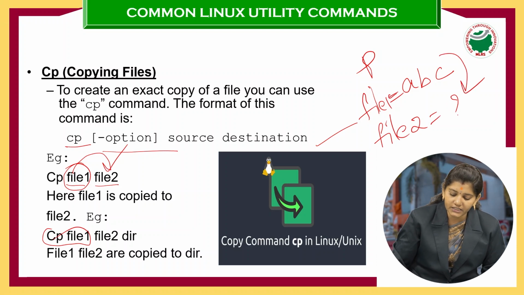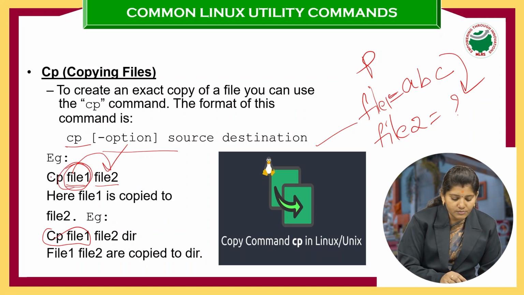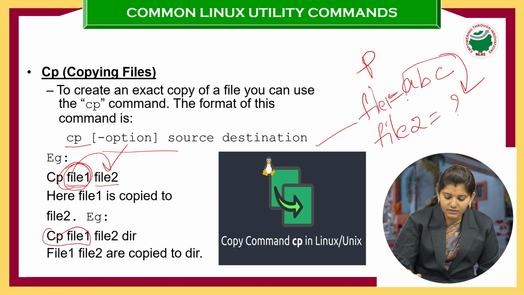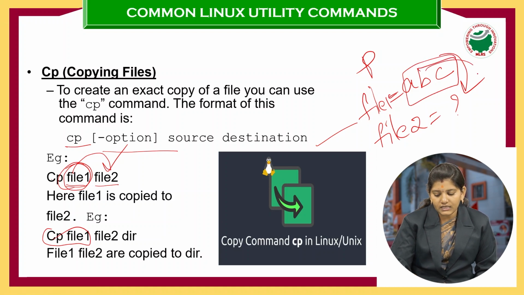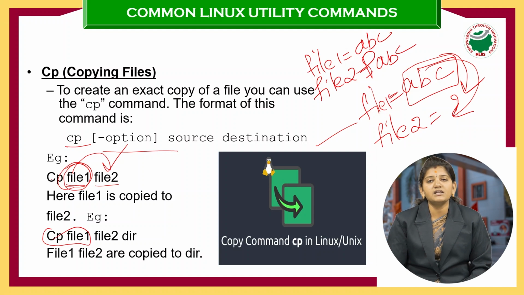If we want to copy the data from file 1 to file 2, we use cp file 1 file 2. So the data abc that we have in file 1 is copied to file 2. Now file 1 and file 2 have the same data, abc. So the cp command is used to copy the data from one file to another.